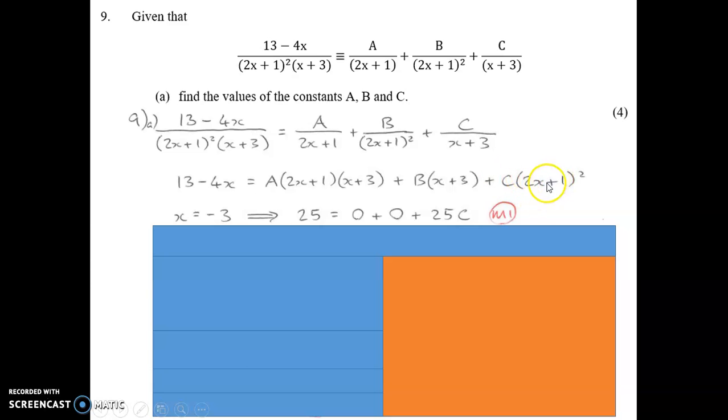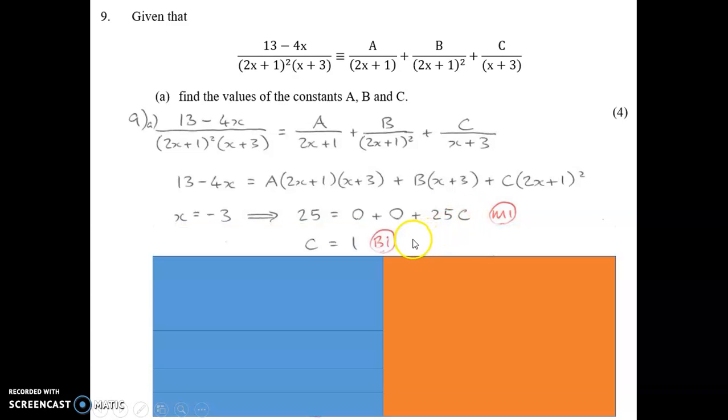Substituting x equals negative 3 in here gives me negative 5, and then I square it and I end up with 25c. So I end up with this nice easy equation to solve to find c, so c clearly equals 1. You'll get a method mark for substituting an appropriate value of x, and then an accuracy mark or a B mark for your value of c.